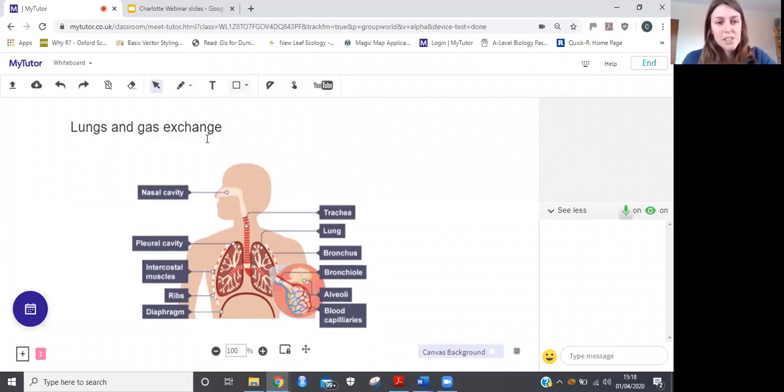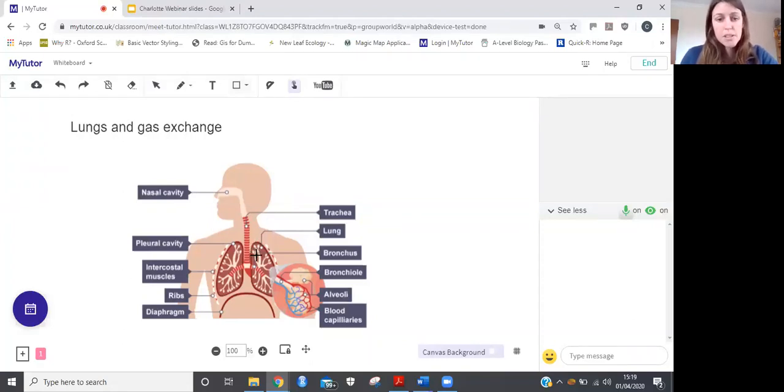I thought we'd start in the lesson space here with a diagram of our respiratory system as a whole. So here we have our nasal cavity and also our mouth. When we breathe in, the air travels down through our trachea here and into our lungs.